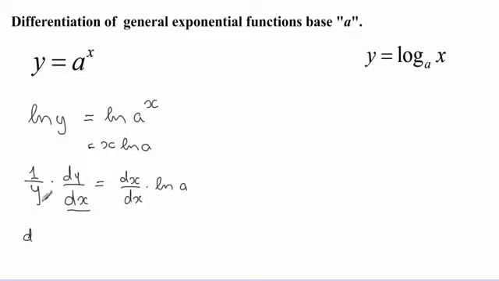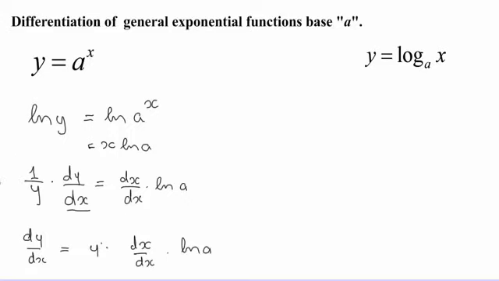Now we would like to make dy dx the subject of the formula. So we multiply both sides by y, to get y multiplied by dy dx equals the derivative of x multiplied by ln of the base. But notice that y here is actually the exponential function.